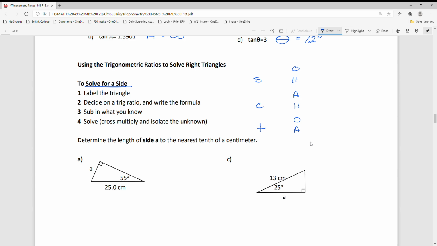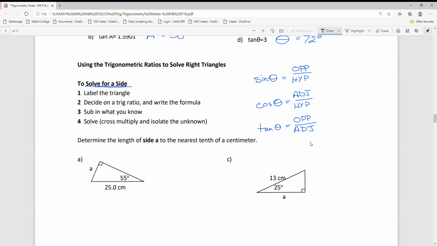And what that stood for was that the sine of an angle is equal to the opposite over the hypotenuse. And the cosine of an angle is equal to the adjacent over the hypotenuse. And the tangent of an angle is equal to the opposite divided by the adjacent of the triangle.